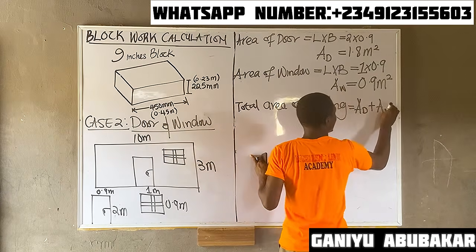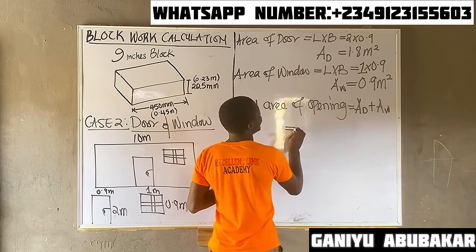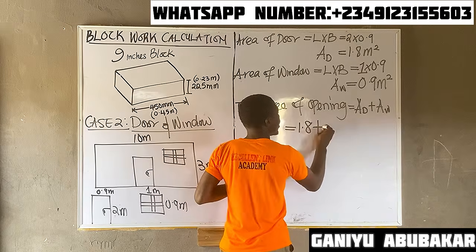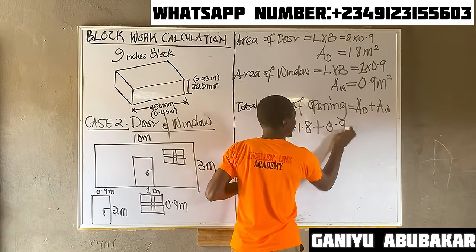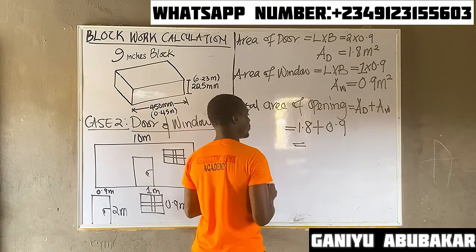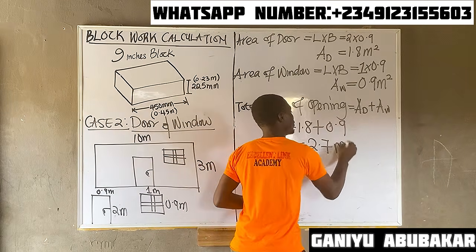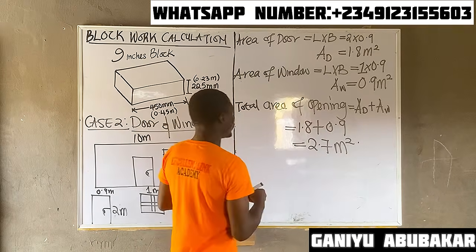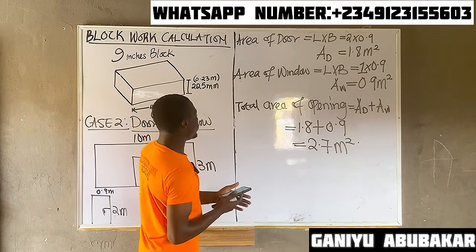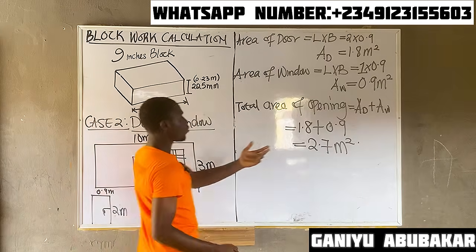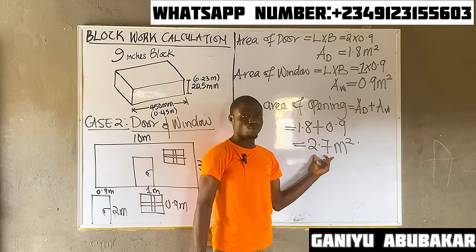Area of door is 1.8, area of window is 0.9. Add these two values together, that gives you about 2.7 meter square. So the area of both my door and window is 2.7 meters square.